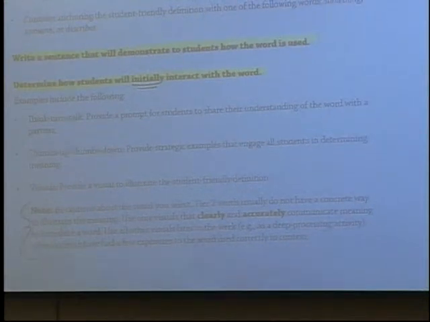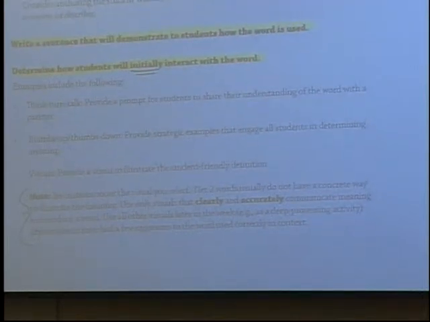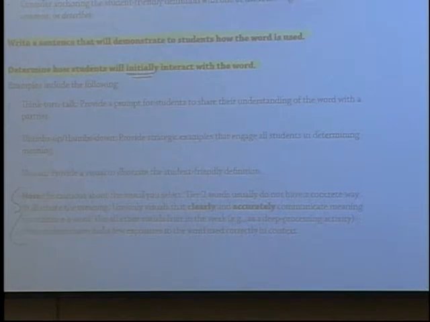Now, let me say this about visuals, and you can look, it's noted right there on the bottom of the handout. I'm going to read it verbatim. Be cautious about the visuals you select. Did you hear me say that in session 1? So many people take this for granted. The Tier 2 words usually do not have a concrete way to illustrate the meaning.